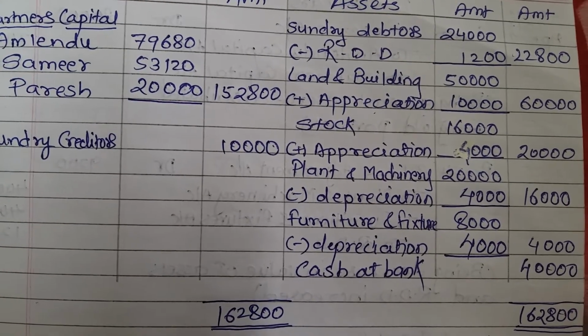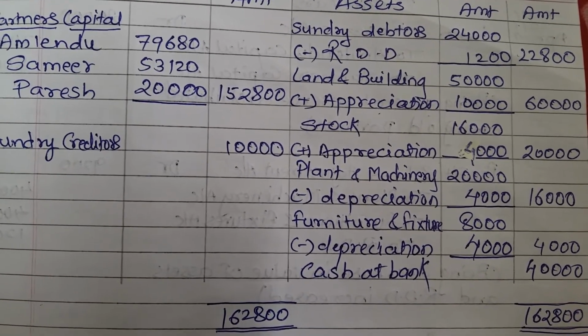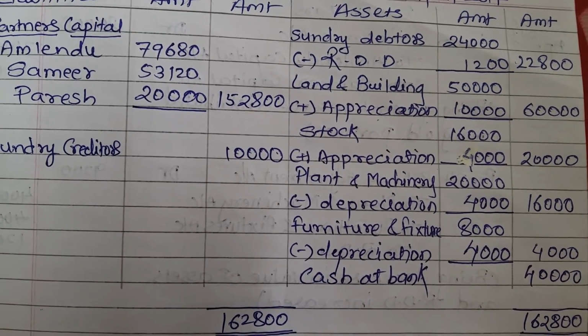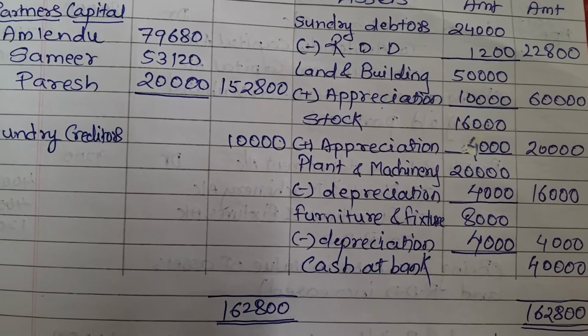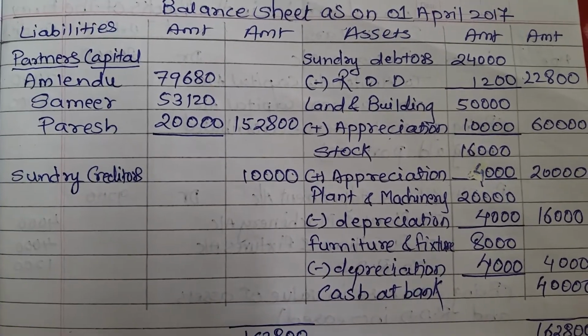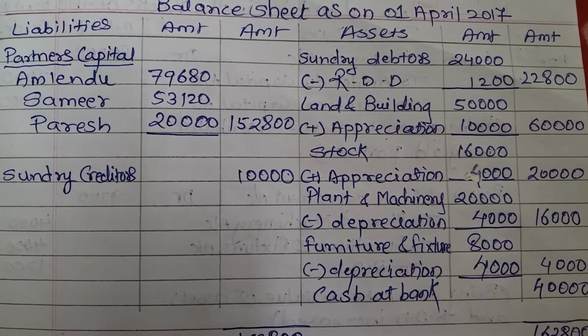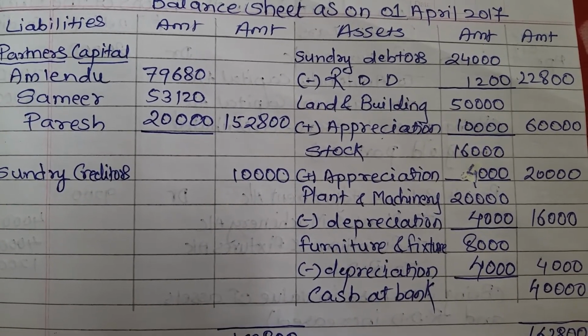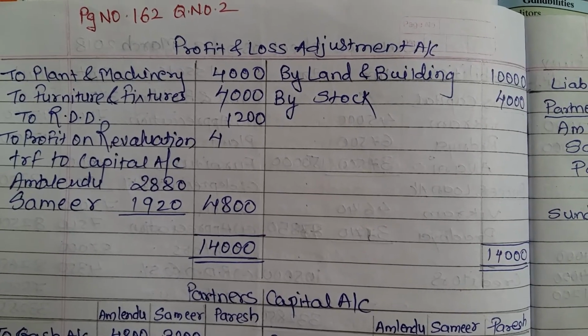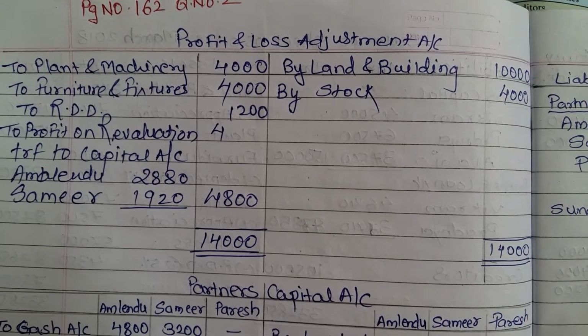The next adjustment says that stock is to be valued at 20,000. See, the stock value is 16,000. It goes to 20,000. It means increased by 4,000. So we are showing on the balance sheet the stock appreciation in the value of rupees 4,000. See the second effect on the profit and loss adjustment by stock 4,000.